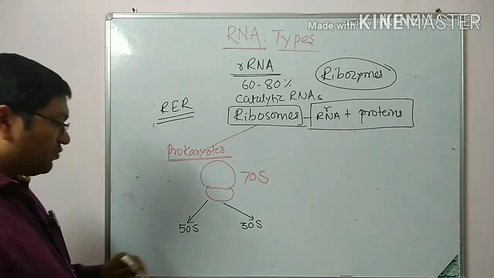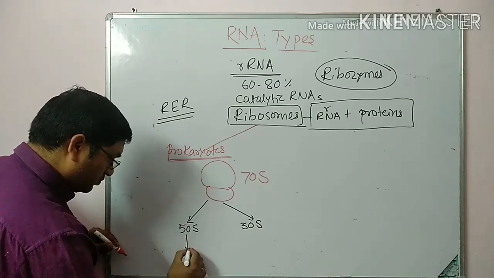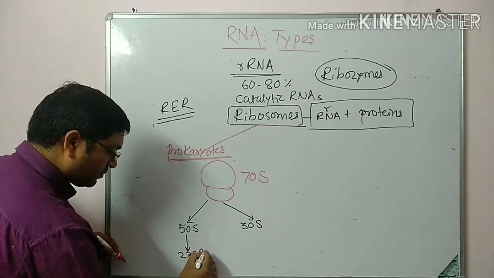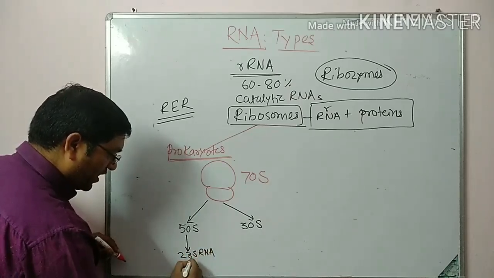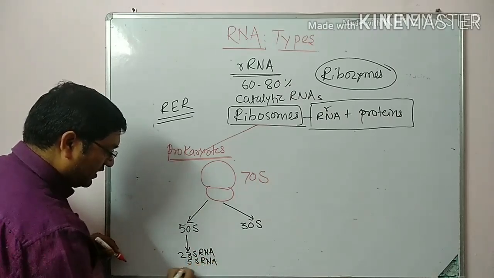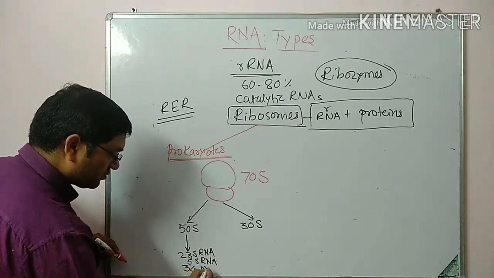The 50S unit is made up of 23S RNA, 5S RNA, and near about 34 proteins.